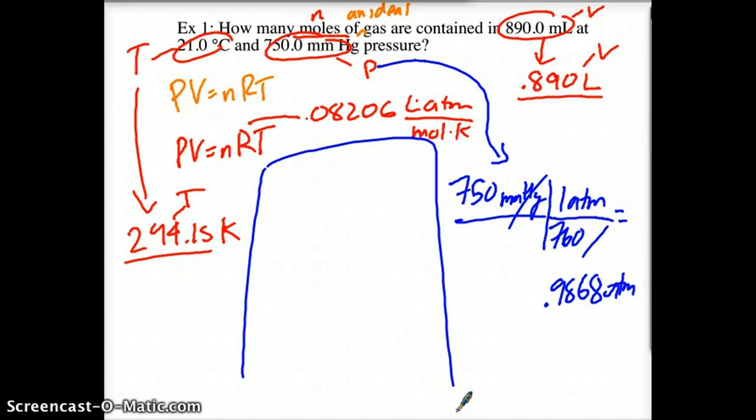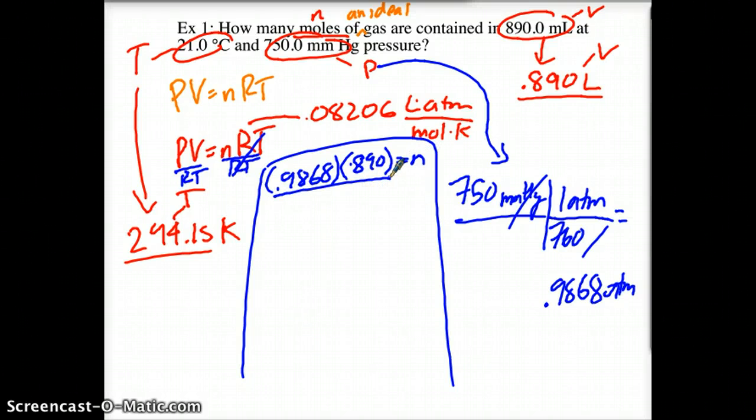Now, let's go ahead and do the actual math where we plug in what we know. Pressure, 0.9868, times the volume, 0.890. I'm going to divide by RT on both sides just to make space a little bit easier.